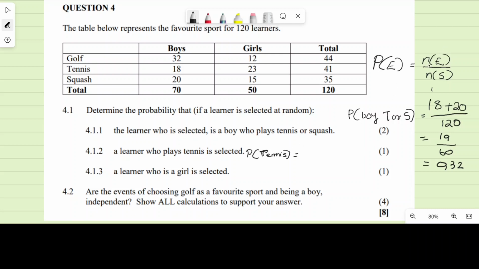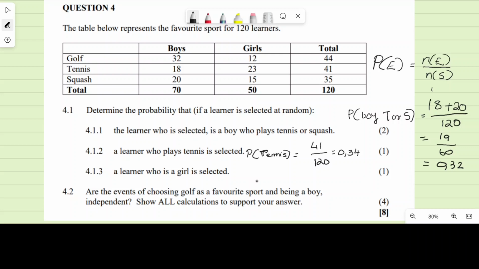The number of outcomes of the event is the number playing tennis. How many learners play tennis? There are 41 who play tennis. So the answer will be 41 over the total number in the sample space, which is 120. You can leave the answer like that, or you can write the corresponding decimal, 0,34.